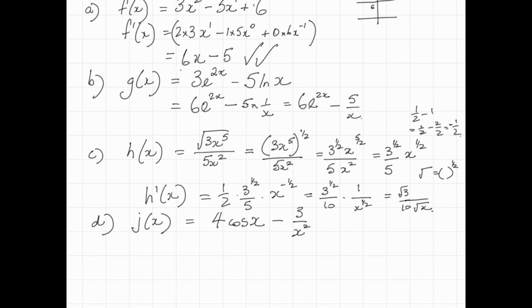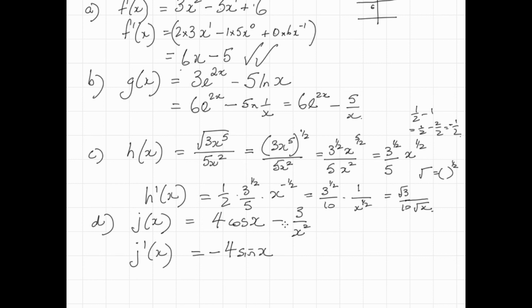Lucky last. We want to find the derivative of that. No need to simplify here because it's all okay. The constant stays out the front. The derivative of cos is negative sine. So it's conventional to put the negative right out the front. The constant just stays where it is.